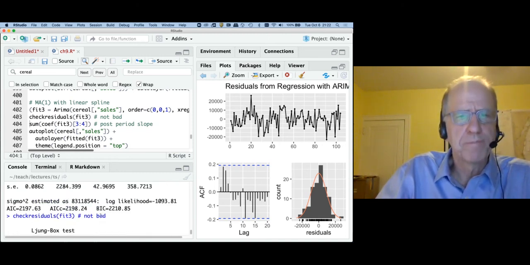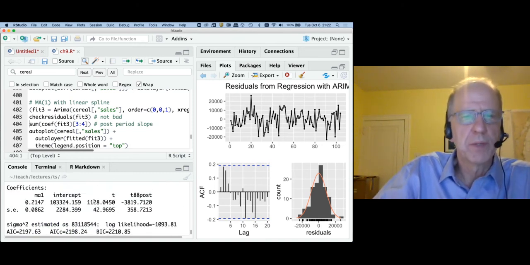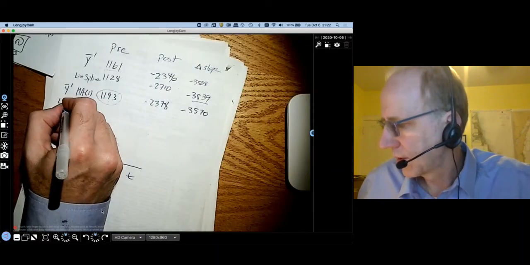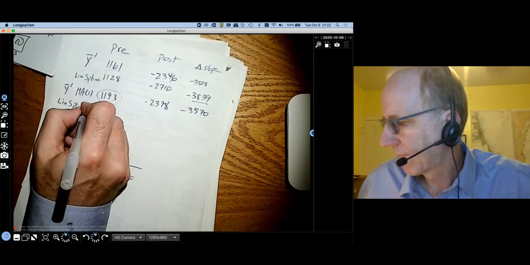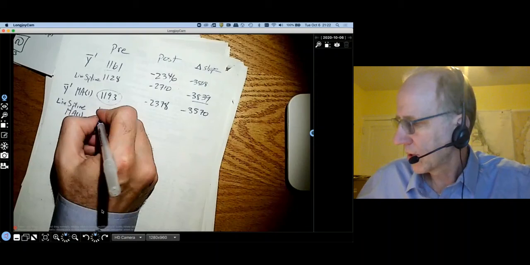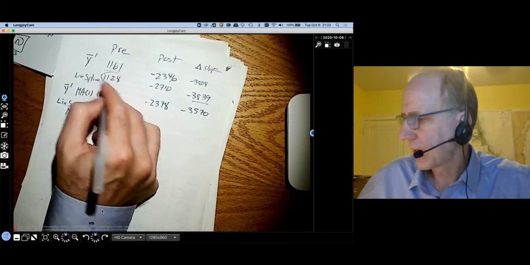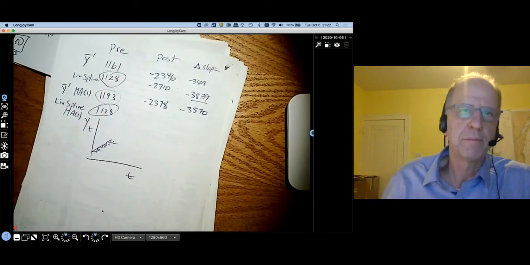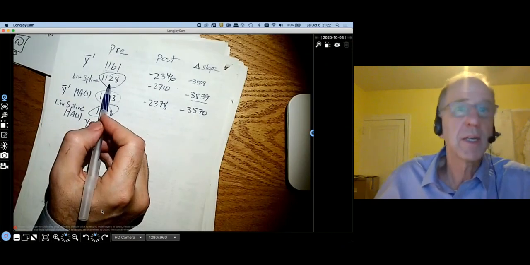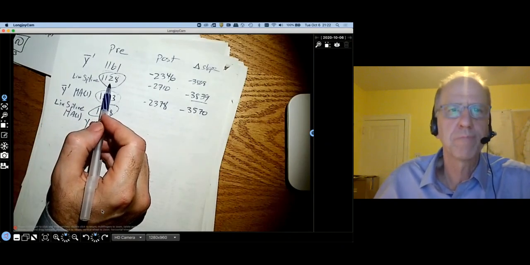Let's go interpret it. The thing to note about this is our slope will be the slope in the pre-period. So 1128. This is the spline with the moving average errors, and notice we got exactly what we had before. That doesn't surprise me. OLS gives us unbiased estimates, it's just that the standard errors are wrong.